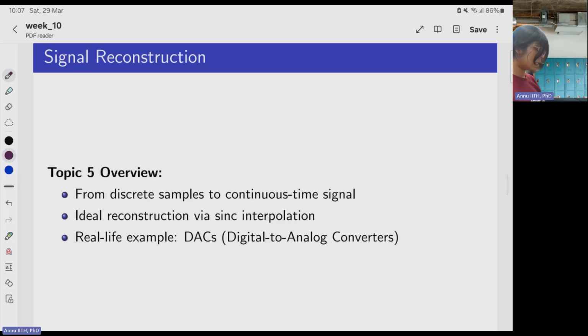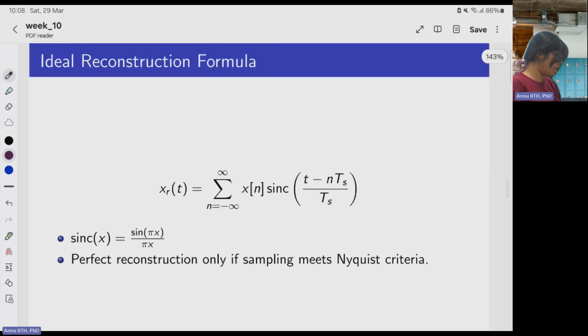Ideal reconstruction is via sinc interpolation, and real-life examples are digital-to-analog signals, which we will do. The ideal reconstruction formula.